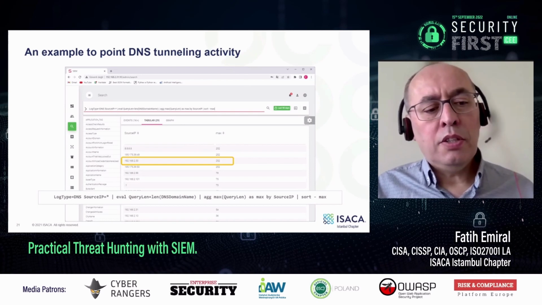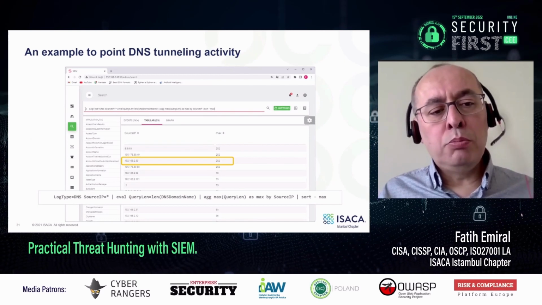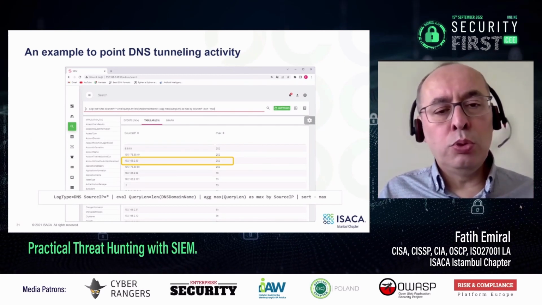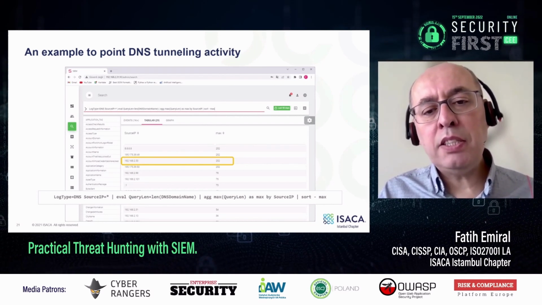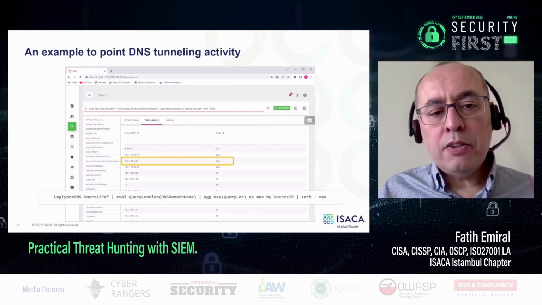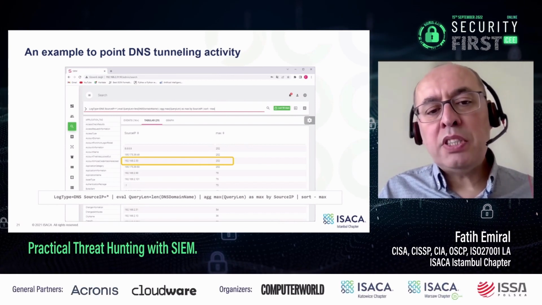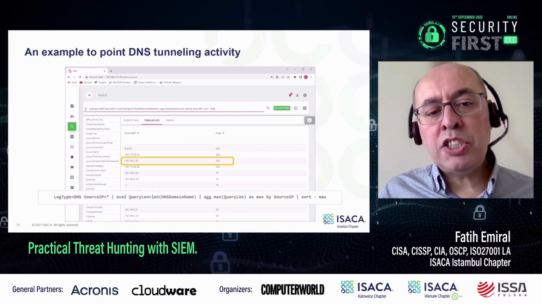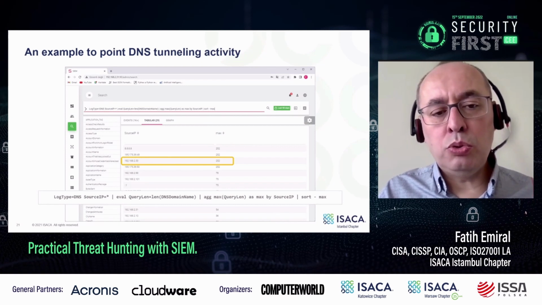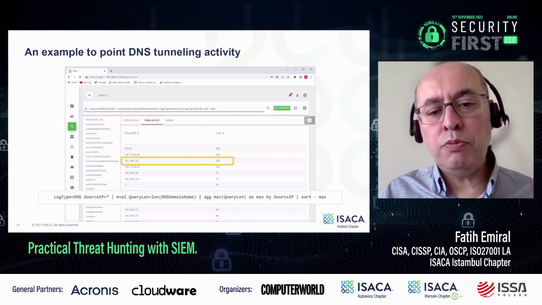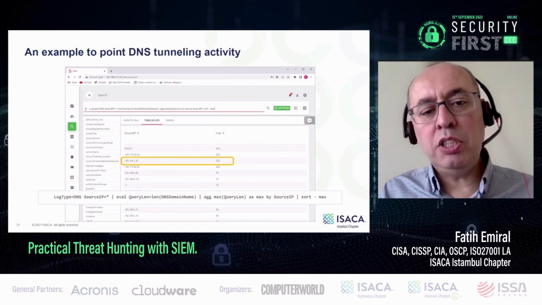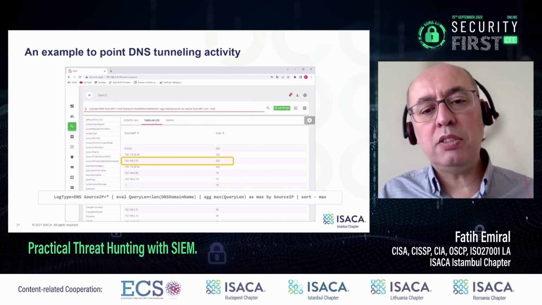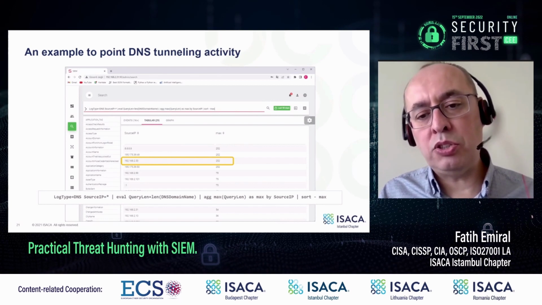So from the blue team point of view, we should be expecting some DNS queries with a large length, because to carry that much information from one side to another, you have to use DNS names, machine names, which are longer than usual.